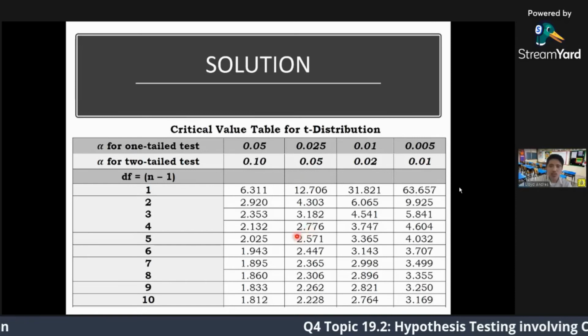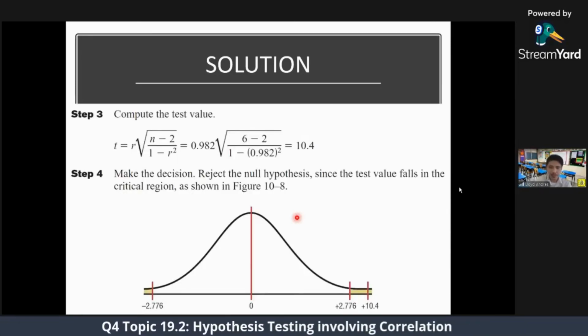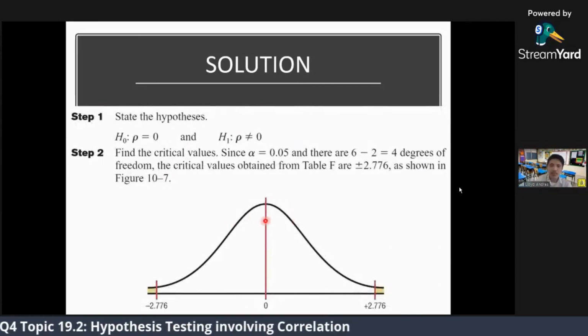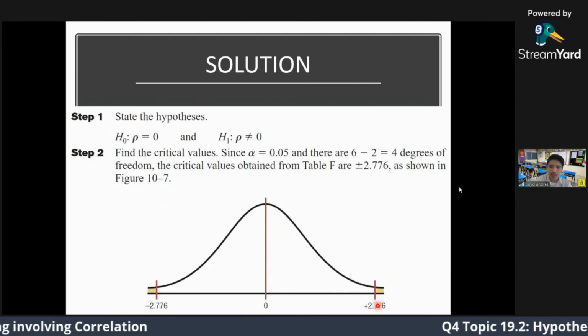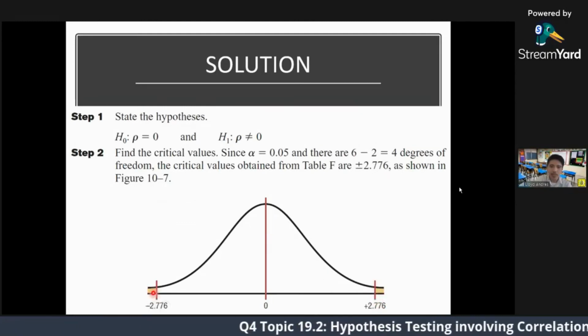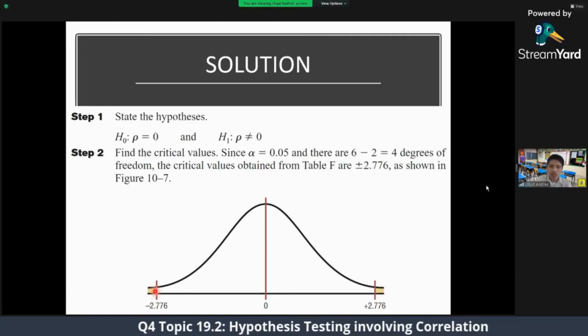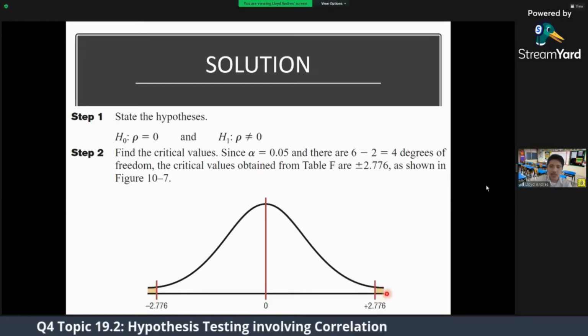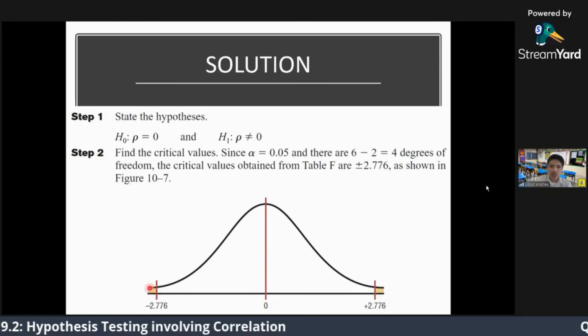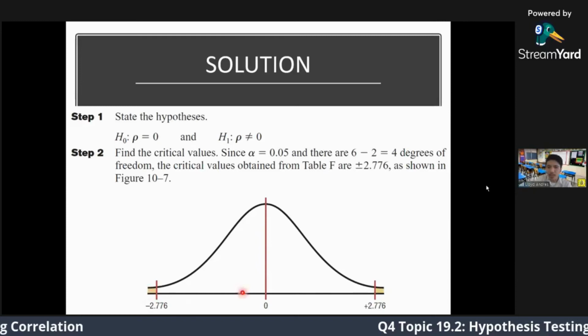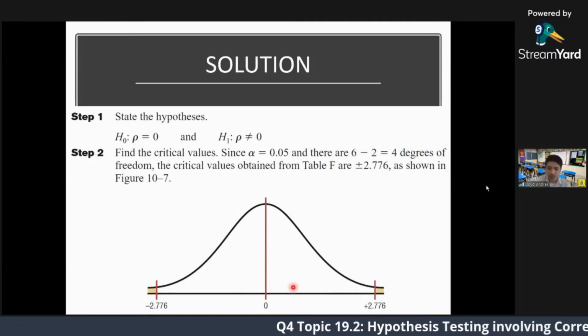So that's 2.776. Since it is two-tailed, therefore positive and negative. So positive 2.776 is the boundary and negative 2.776. To the right of this is the rejection region. To the left is also the rejection region. Between is the non-rejection region.